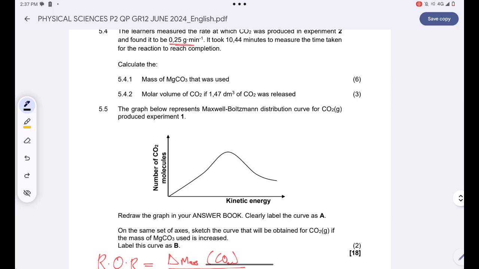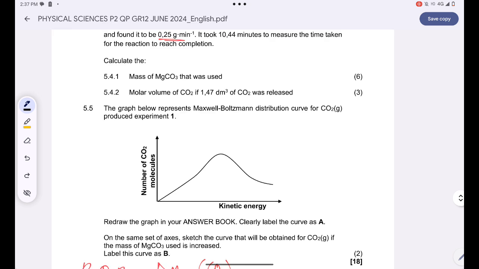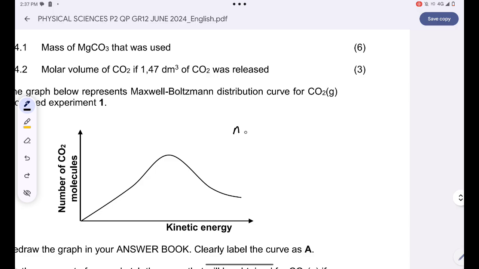Now we are supposed to calculate the molar volume of carbon dioxide if 1.47 cubic decimeters of carbon dioxide was released. I know the number of moles of carbon dioxide that were formed. This is equal to V over Vm, whereby V represents the volume of the gas, and Vm is the molar volume of a gas. I know the number of moles, guys. I calculated them to be 0.0593. Please remember that. And then I have 1.47 cubic decimeters over the molar volume.